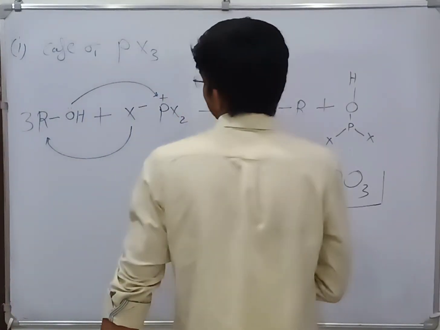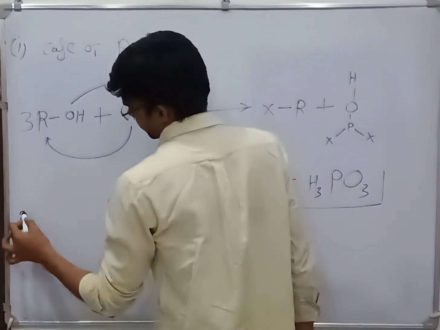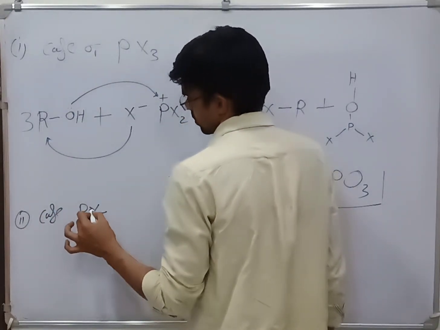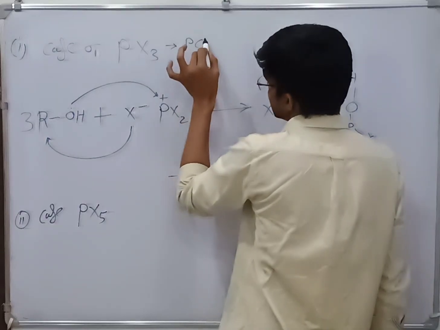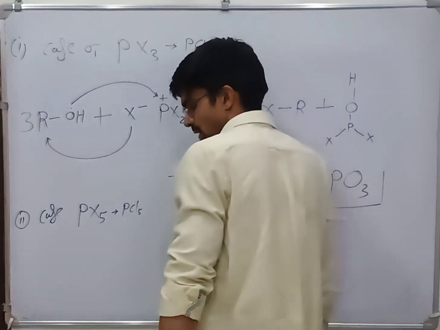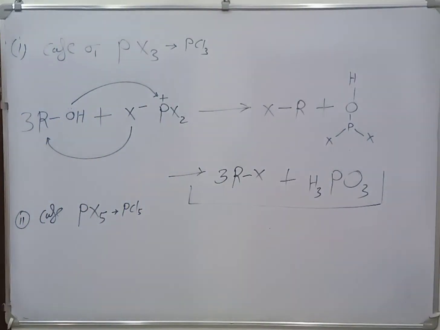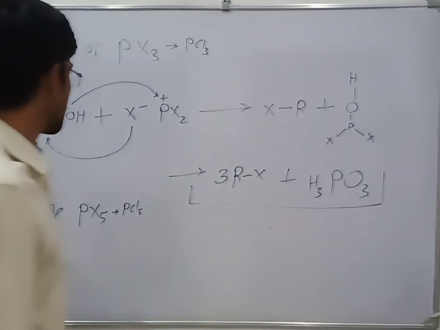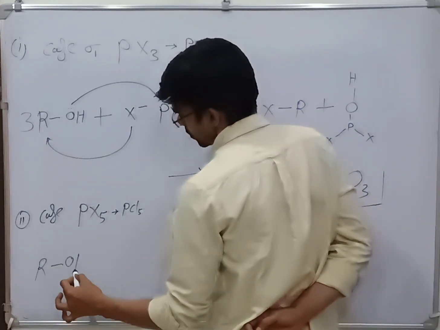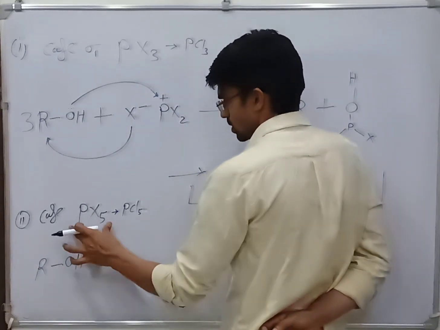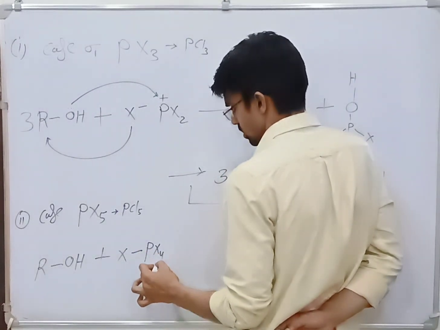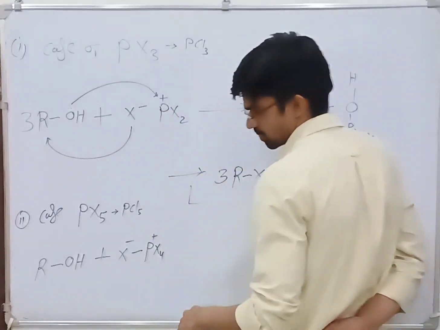Now, in the case of PX5, you can take the example of PCl5, that is pentachloride or pentahalide. When we react the alcohol with pentahalides, ROH plus PX5, this pentahalide will break in the form of PX4 plus and X minus.